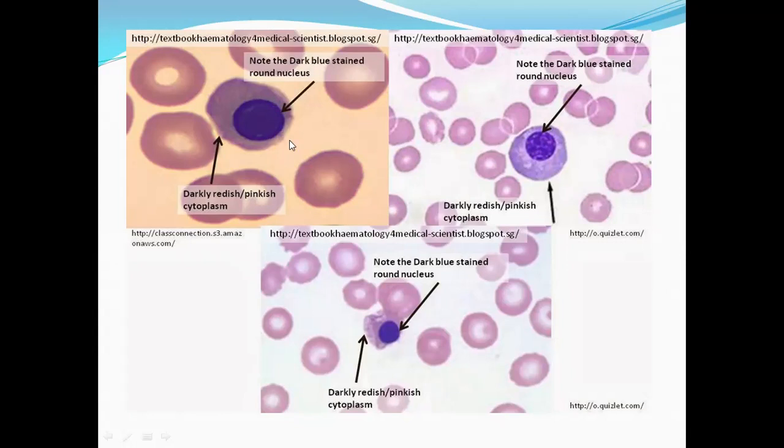Now, what I need to say related to these NRBCs. When you observe NRBC in your blood film, they can ask what changes you can see in the full blood count report.